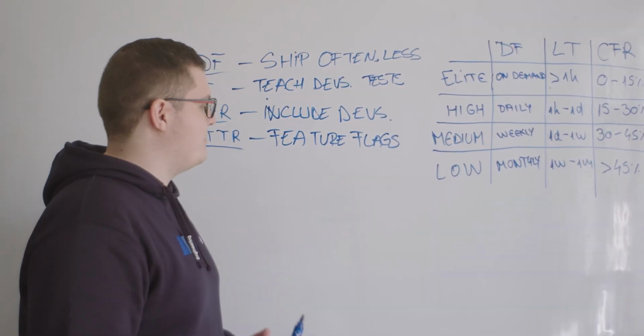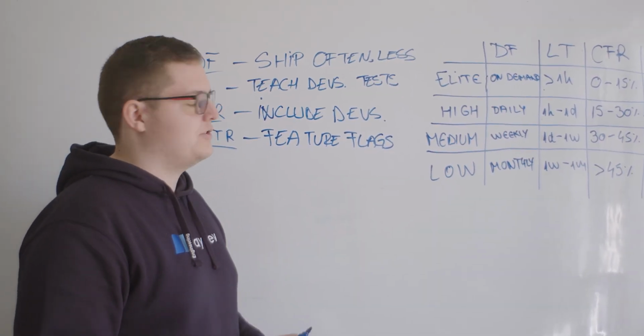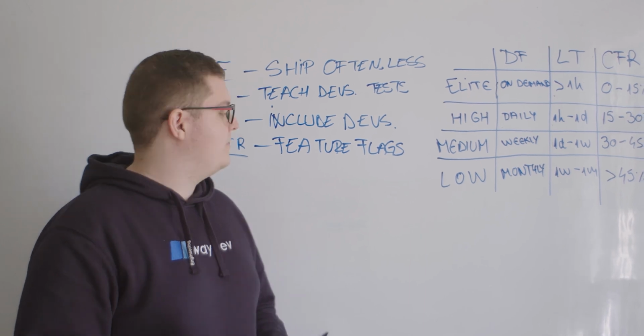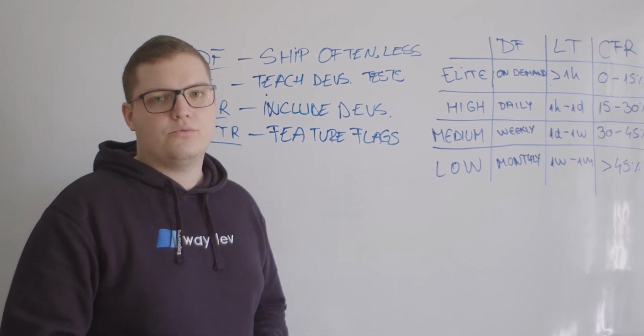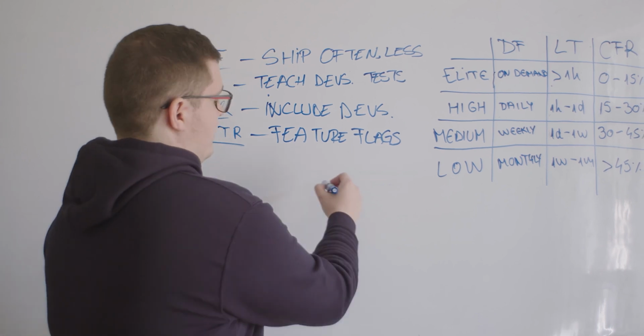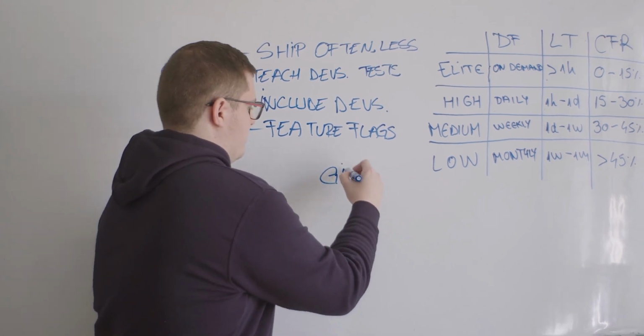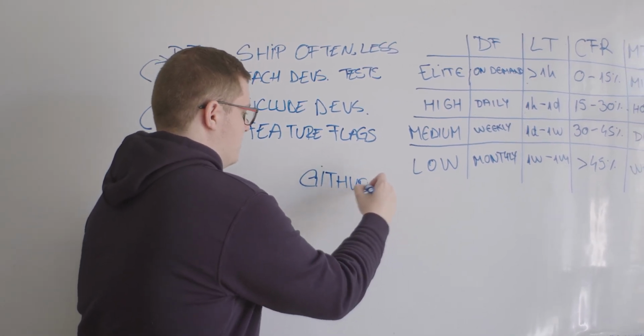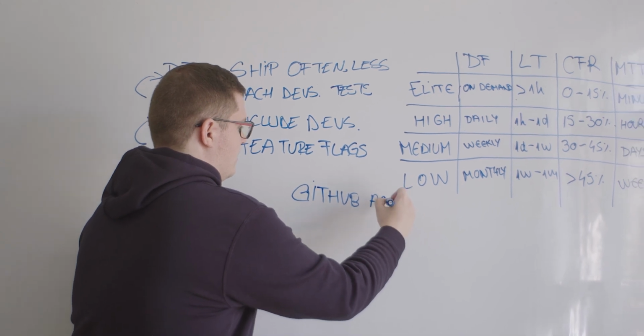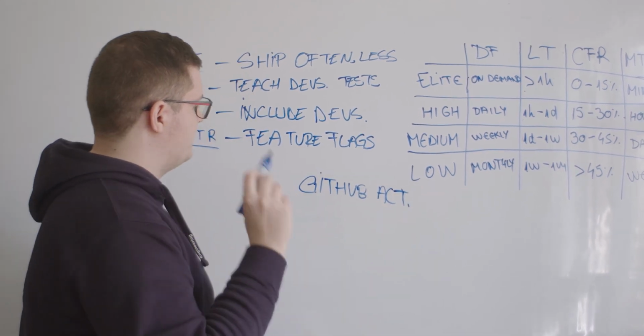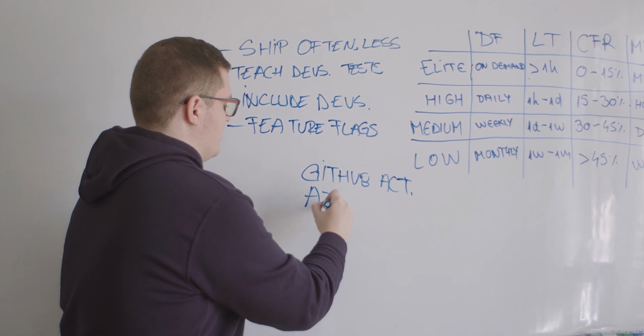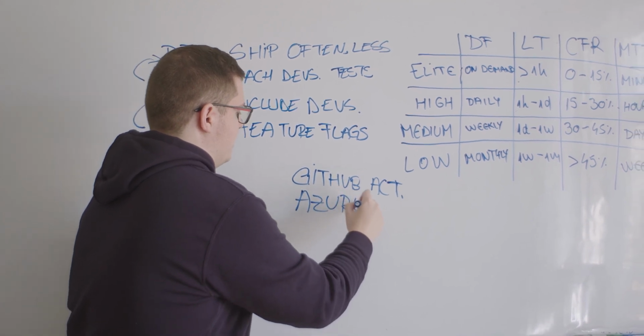Okay, so I previously mentioned tracking your DORA metrics in our platform. The CI/CD providers we currently support are GitHub Actions, for the Azure part, we integrate with Azure Pipelines.